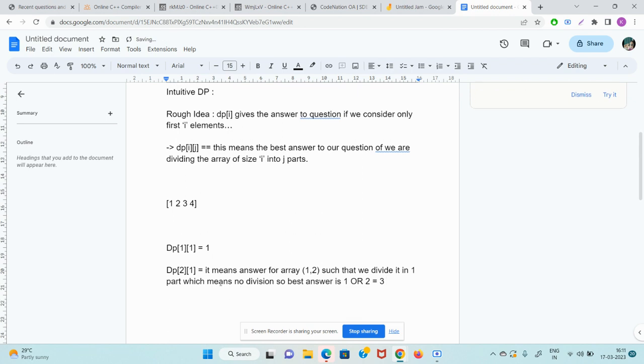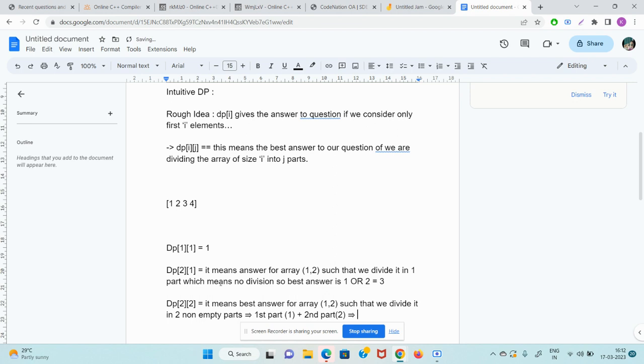Now guys, someone asks you, what is dp[2][2]? It means the best answer for the array such that we divide it in two non-empty parts. There is only one way to do it: the first part will be 1 and the second part will be 2.